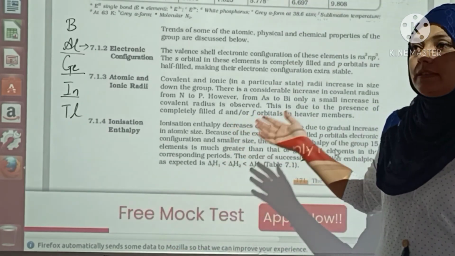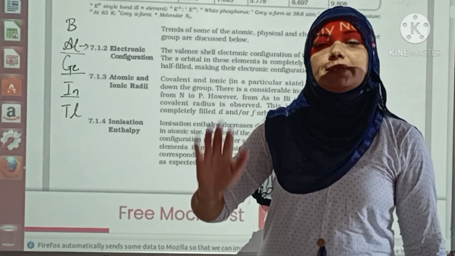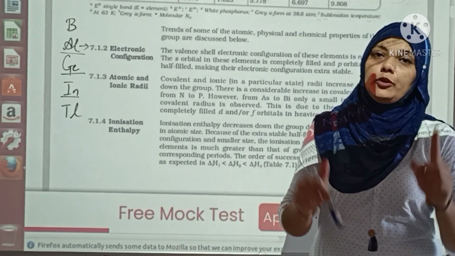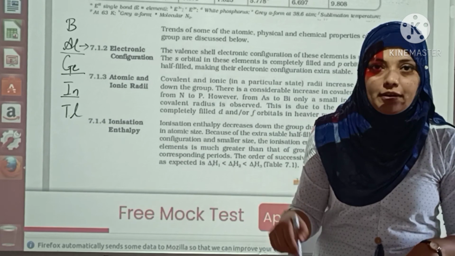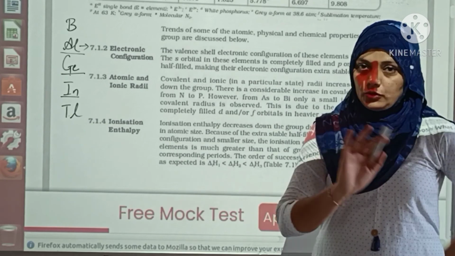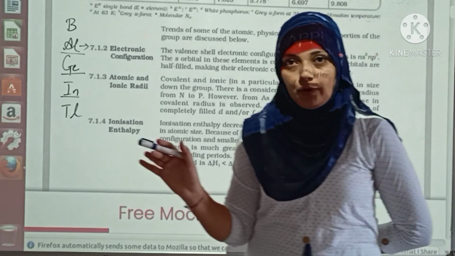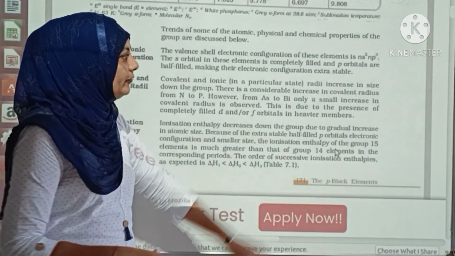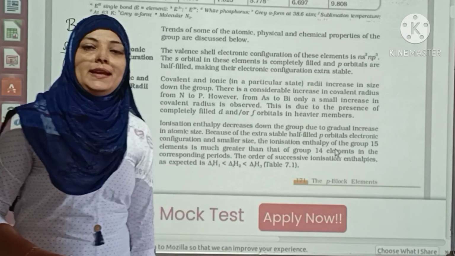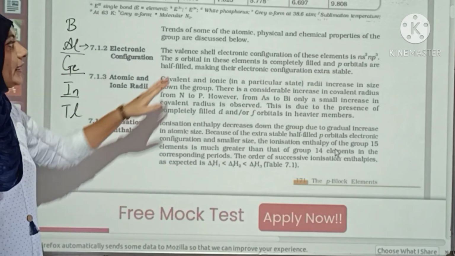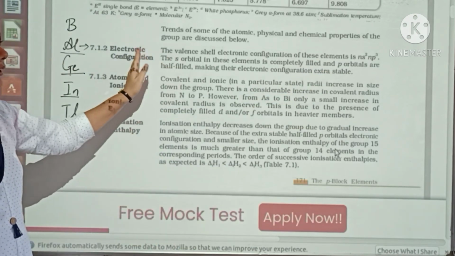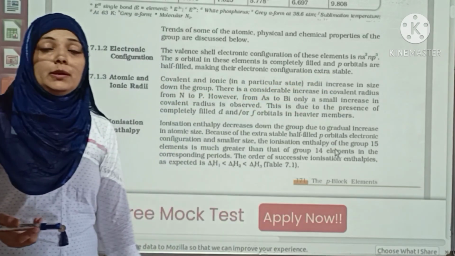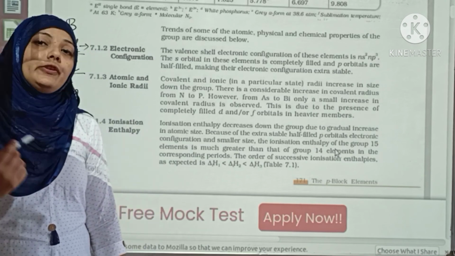Suppose you are writing for an element which is more than the 18th or 19th or 20th element. What you have to do is write Ar, that is argon whose atomic number is 18. So till 18 you don't have to write the electronic configuration. After that, whatever electrons remain, you fill into your ns2 np3. If we talk about the particular group we are studying, we are starting with the p block elements, in that the 15th group.